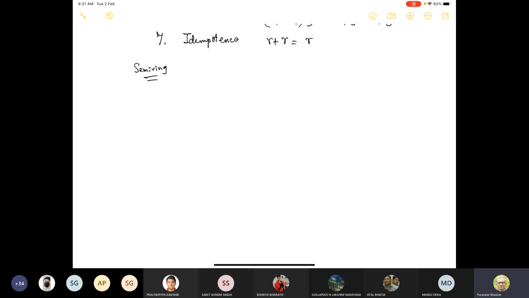So what have we done so far? We have seen, this is what we have seen. Regular languages have four different characterizations or descriptions.